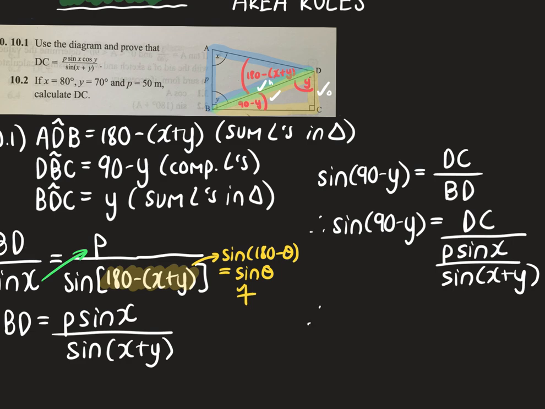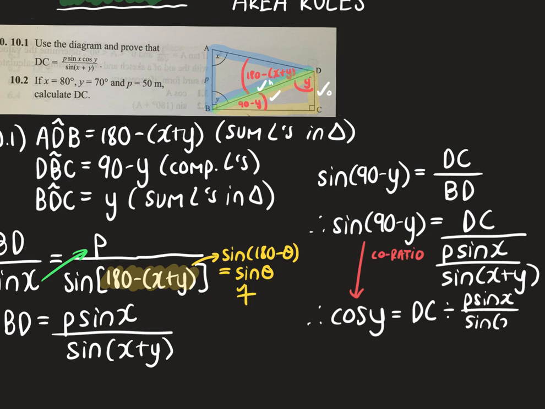Fantastic. Now, do you agree with me that sine of 90 minus y is actually cos y? Why? Because that's a co-ratio, isn't it? You see how all this stuff comes into play, everybody? We need to remember this stuff. So cos y equals DC divided by P sine x over sine of x plus y.